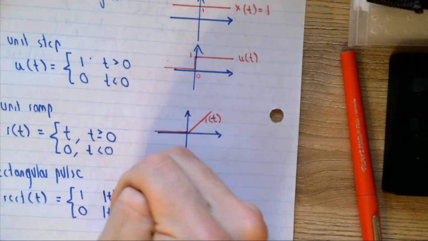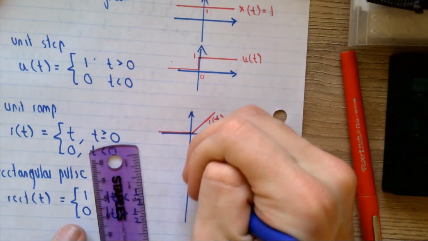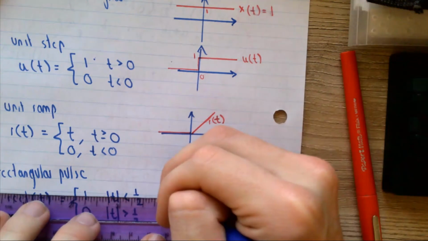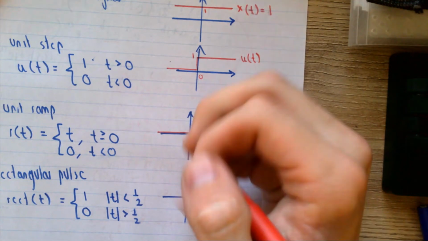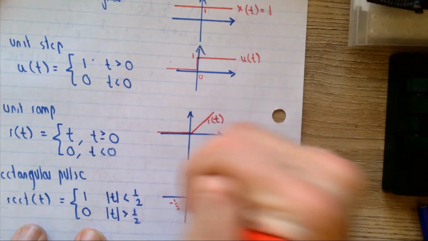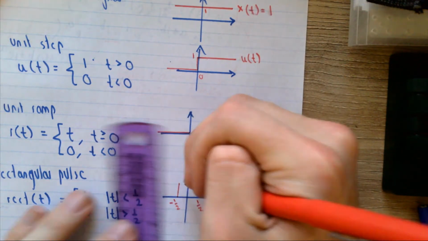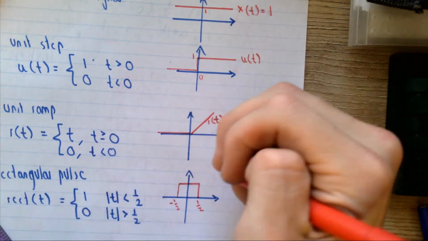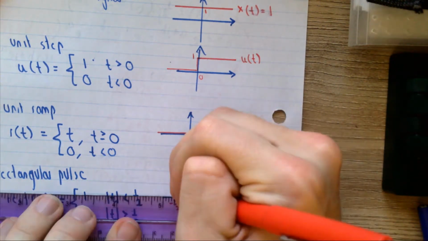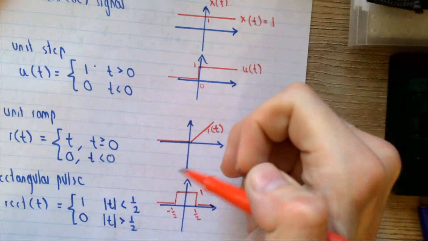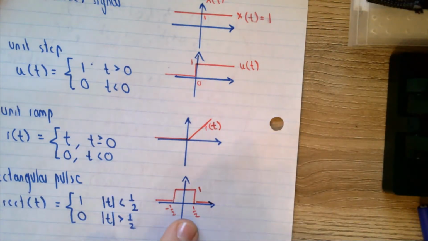So what we're going to see is that the signal looks sort of like a rectangle. At -1/2 and 1/2, it's going to be like a little rectangle, equal to 1, and at other times it is 0. So it's 1 for time in between -1/2 and 1/2, and then 0 anywhere else.